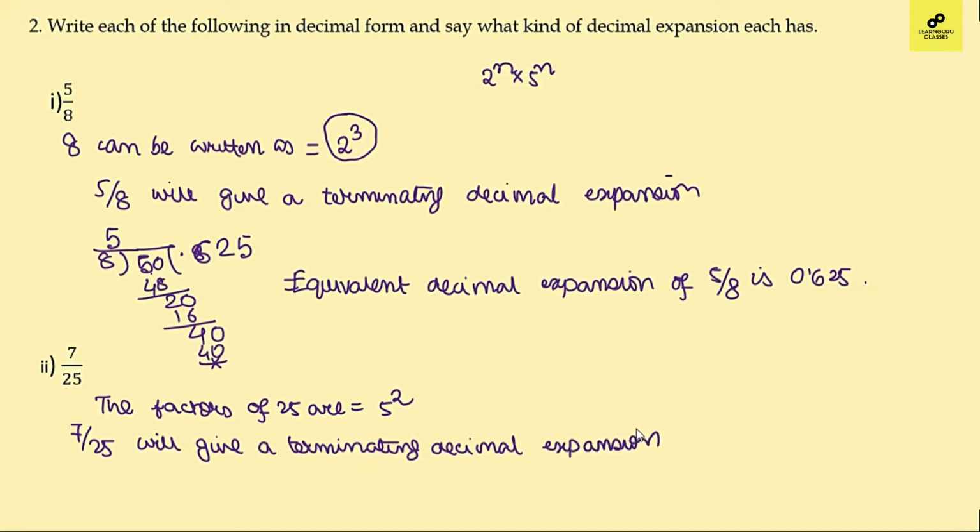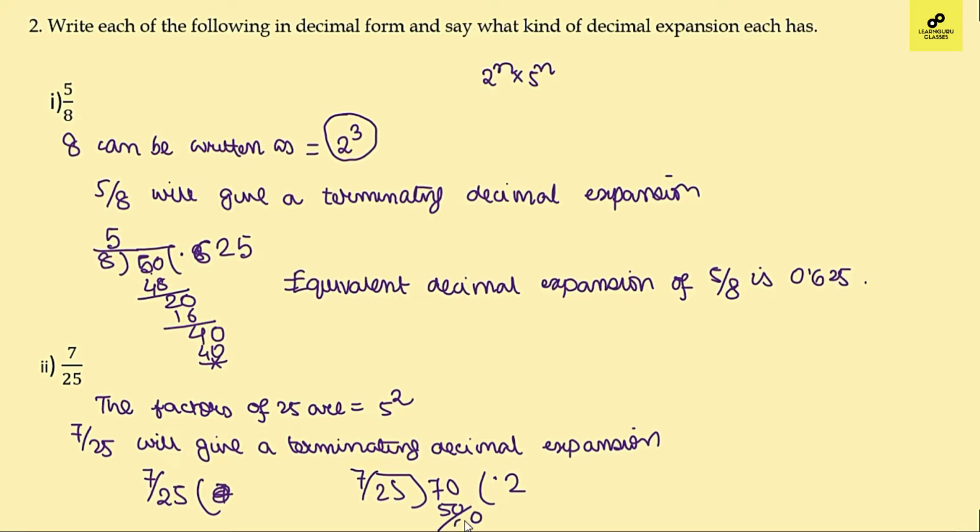Okay, so to find out the equivalent decimal expansion, what you need to do, you need to perform the division. So 7 by 25, you write here 7 and here you give the decimal since 7 is less than 25. So 25 into 2 gives us 50.